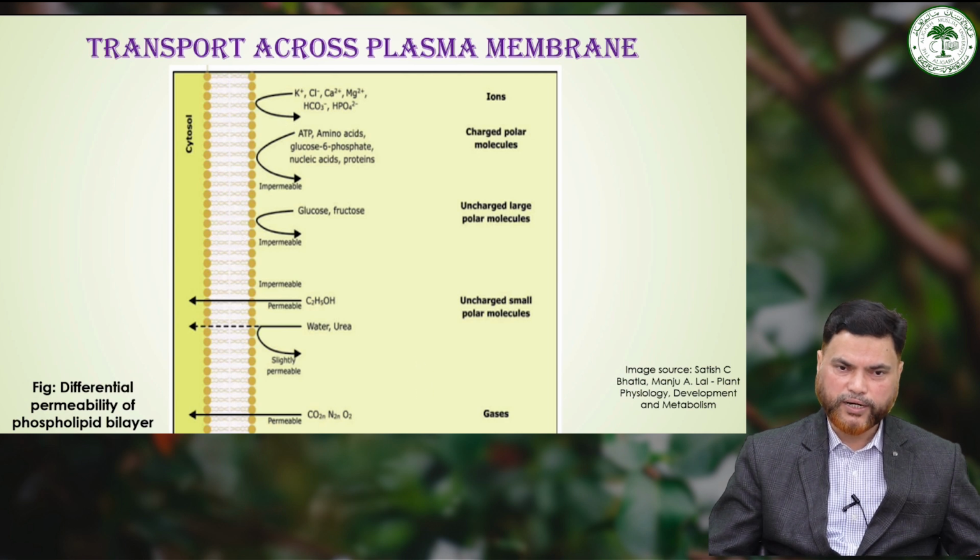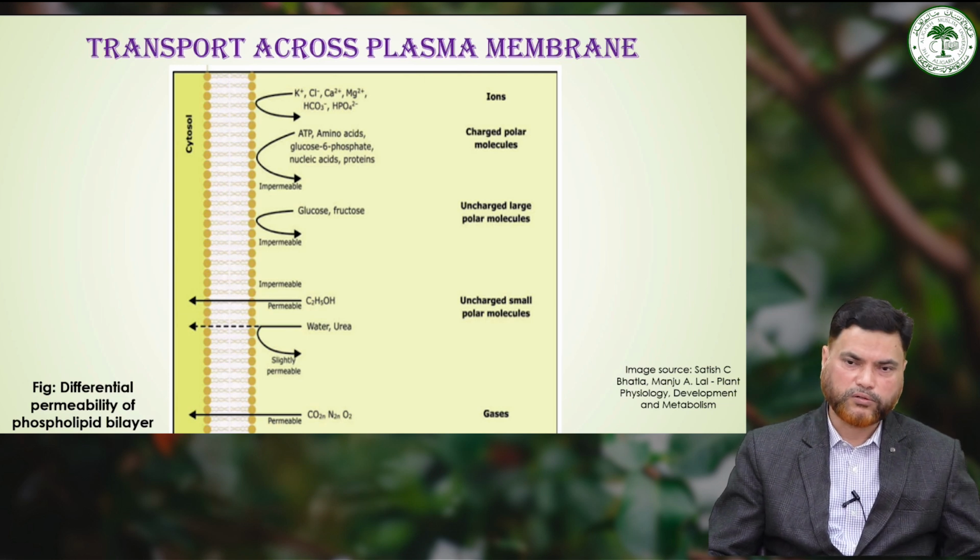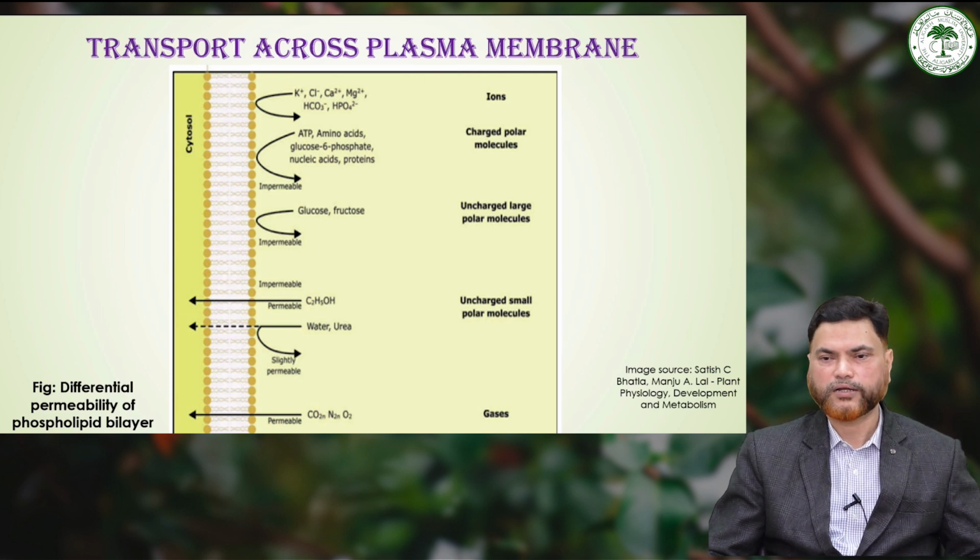But carbon dioxide, oxygen, water and urea can cross the plasma membrane by diffusion. So this transport across the plasma membrane could occur by passive and active transport.